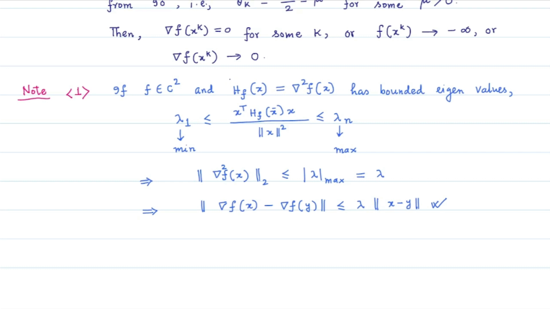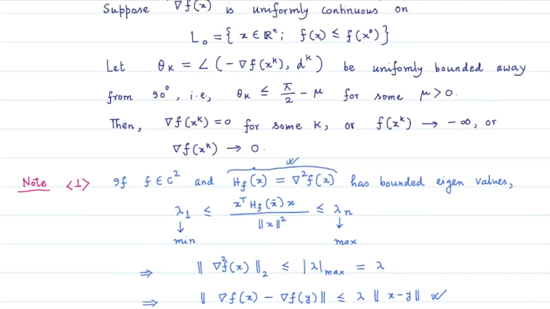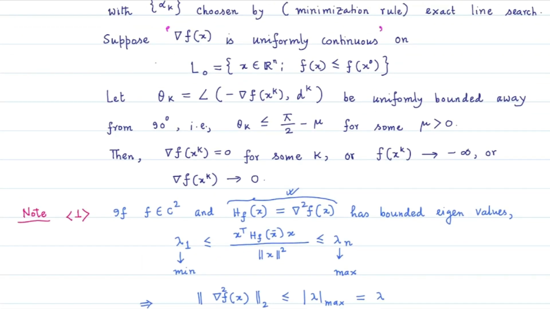You may feel that this boundedness of the eigenvalues of the Hessian matrix may be a loose condition. If you feel even this condition is not a relaxed condition compared to uniform continuity, you may just consider that this initial level set L0 is a closed and bounded set.